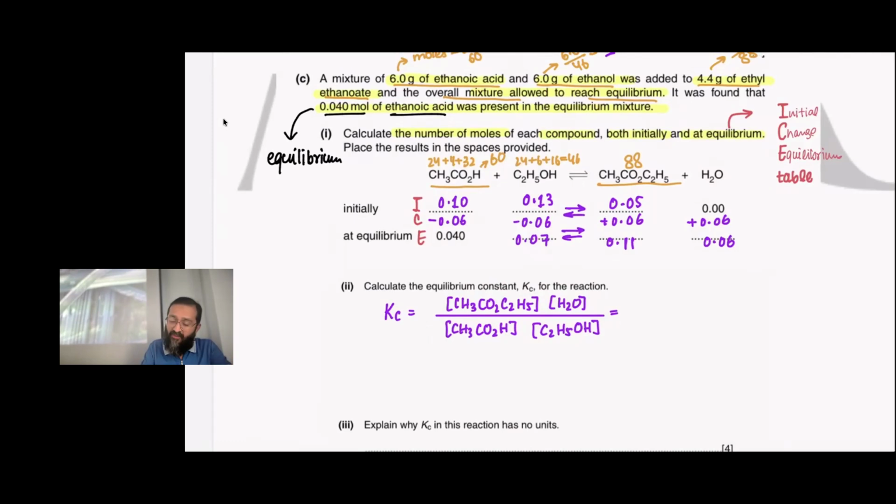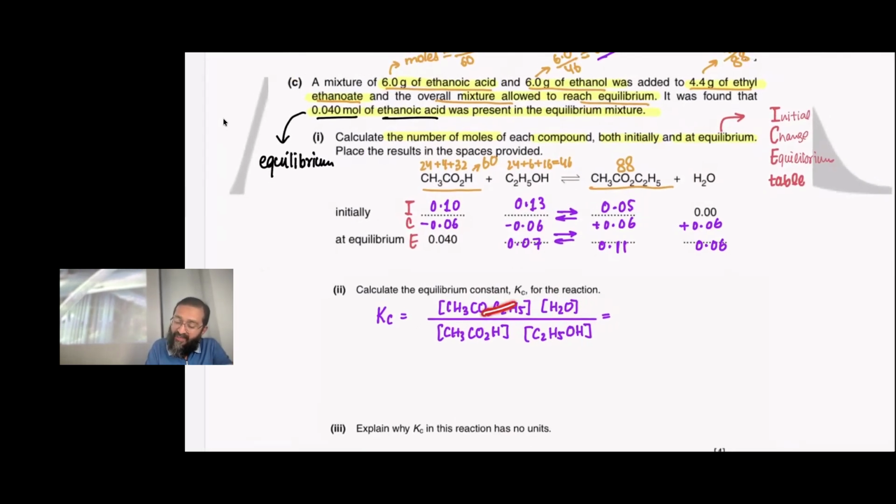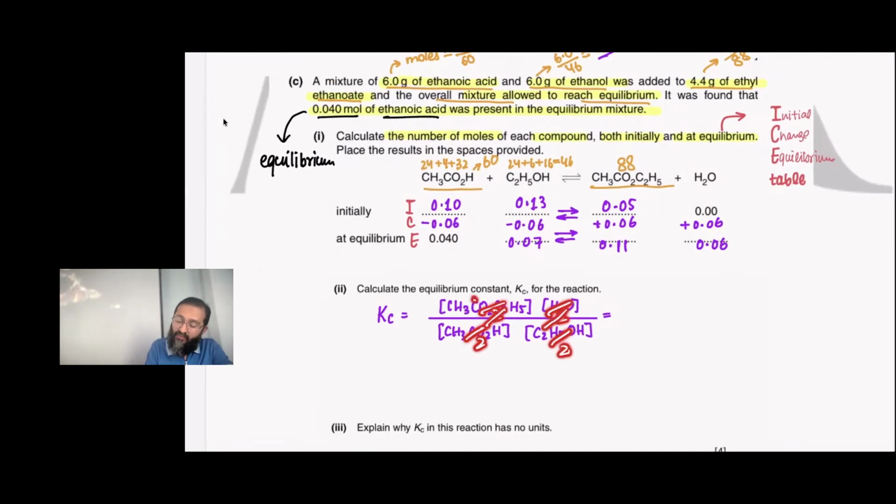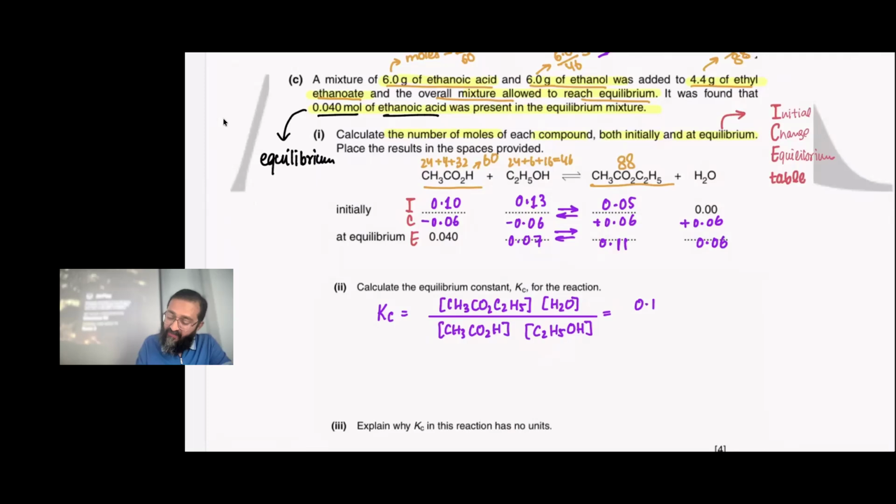Whatever the volume is, let's suppose it's 2 dm cube, you put 2 dm cube under all of the moles, so these 2s get cancelled and you are just left with the moles. That's why, if you read the question again, they haven't given you the volume. So you just need these values. So it is going to be 0.11 times 0.06 divided by 0.04 times 0.07.